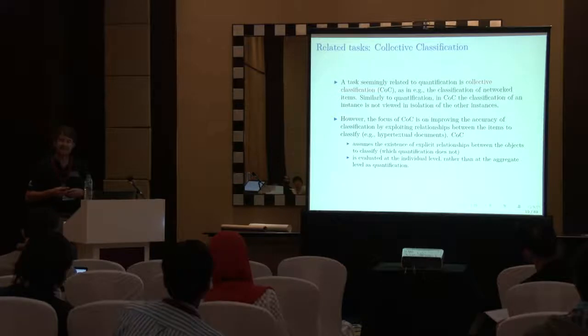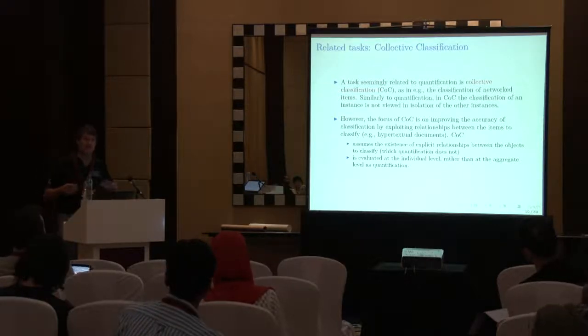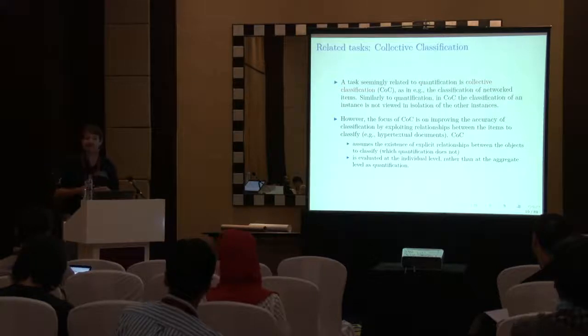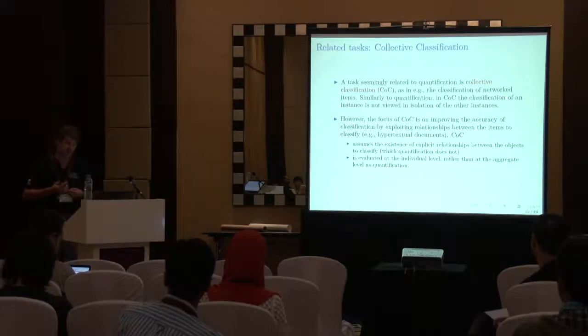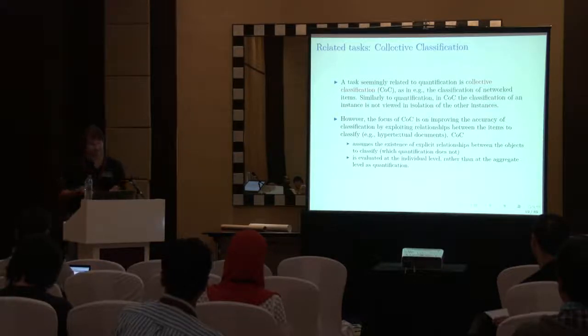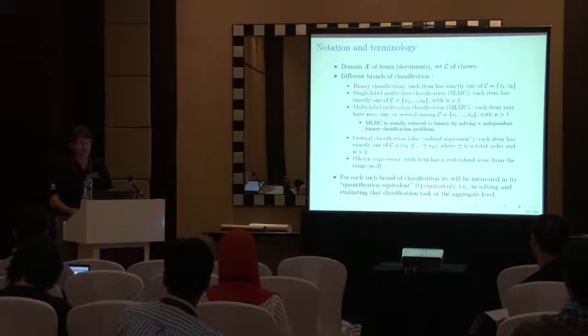But it is different for two reasons. First, in collective classification we assume the existence of explicit binary relationships between items, which is not true in quantification. And second, in collective classification we are interested in the classification of individual items, while in quantification we are only interested in the aggregate level, as I said.